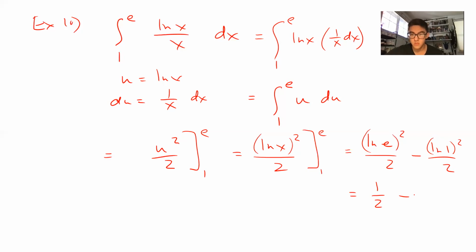Well, e to the 0, right? So ln of 1 is 0. So this is 0 over 2, which is just 0. Take that traditional way.